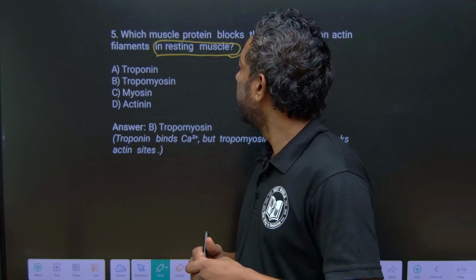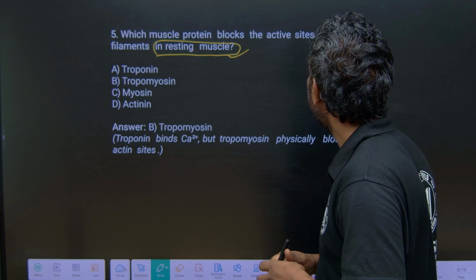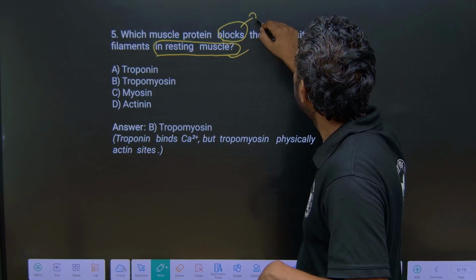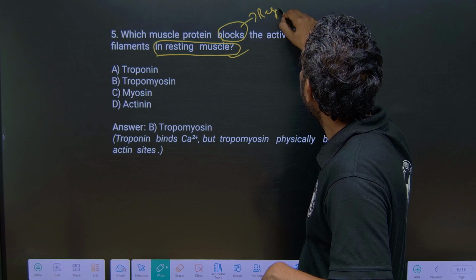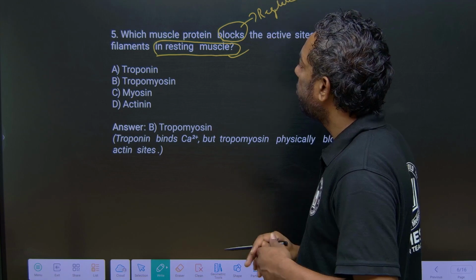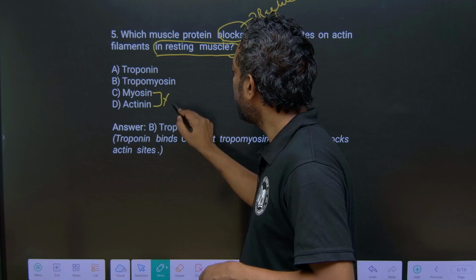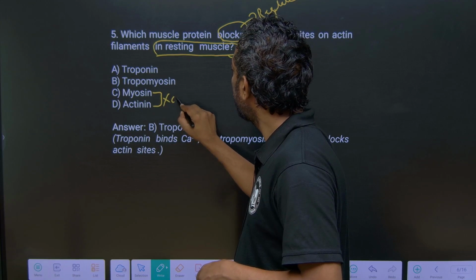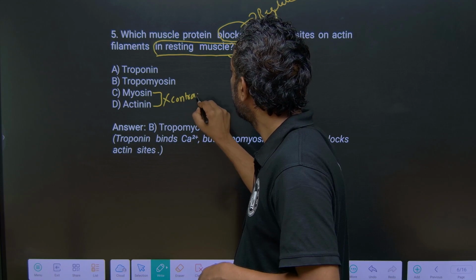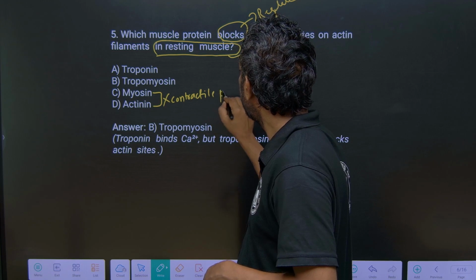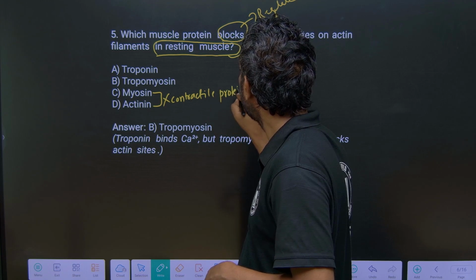Here they ask which protein blocks the active site, meaning it regulates, so you can easily eliminate actin and myosin because they are contractile proteins.